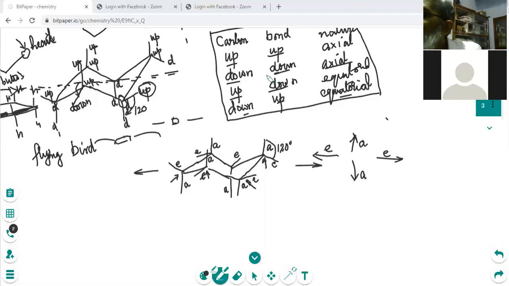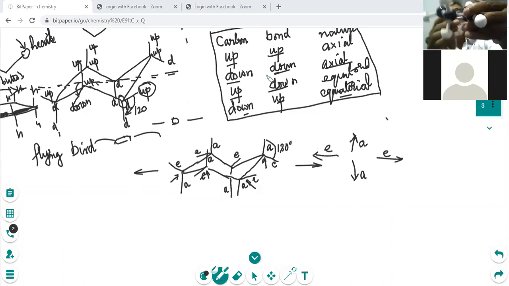Okay, down. Here is one. See here. Which are the down bonds? Pointing perfectly down: axial, axial, and axial. Okay, so these are the axial bonds.